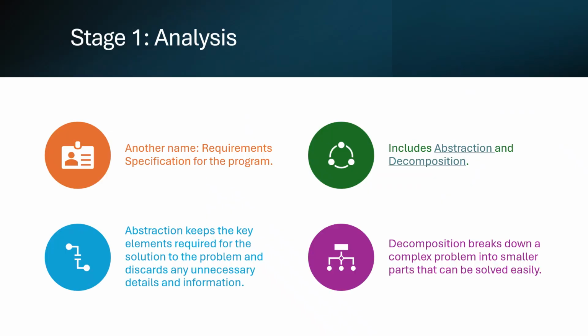The first step of the program development life cycle is the analysis stage. Another name for the analysis stage is the requirement specification of the program, in which you actually sit down with the client and try to comprehend their requirements regarding the program that they want.